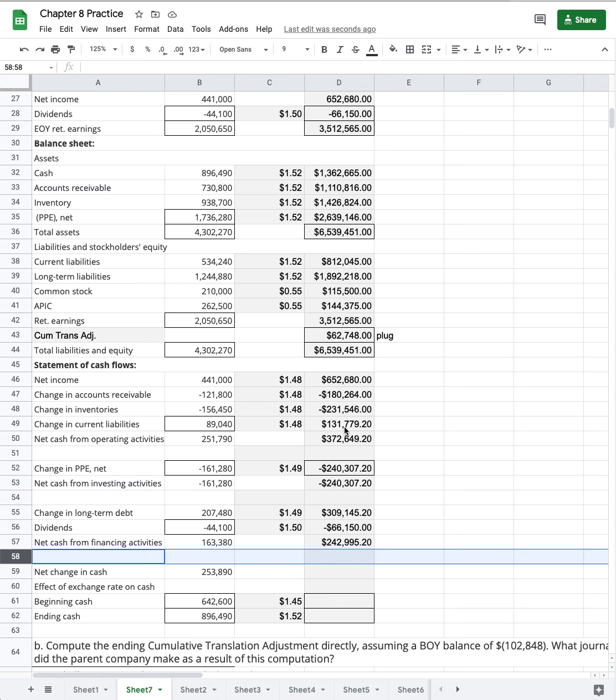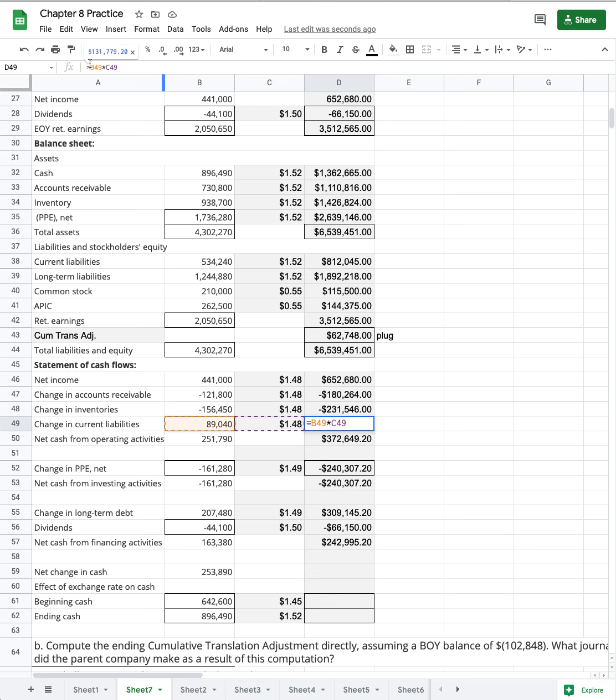And it did technically tell us to round these to a whole number, so we should use equals round in these functions.